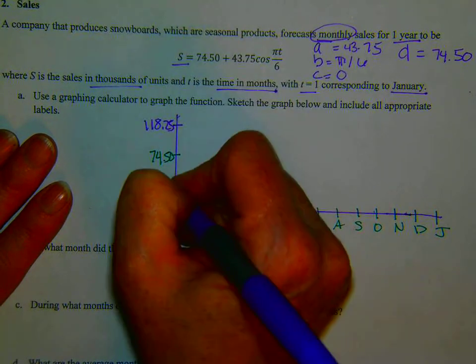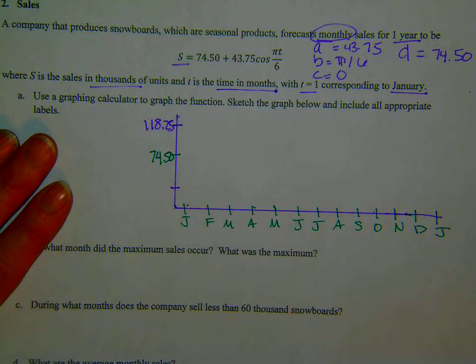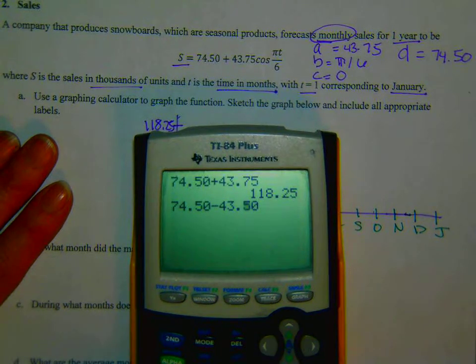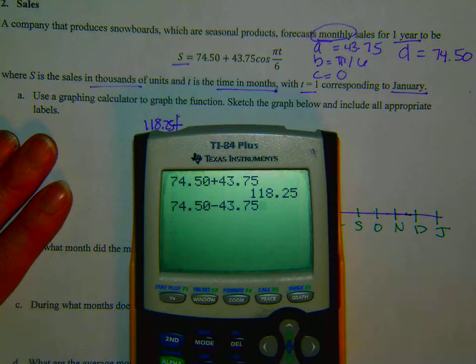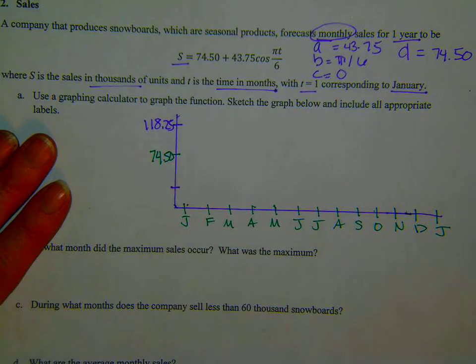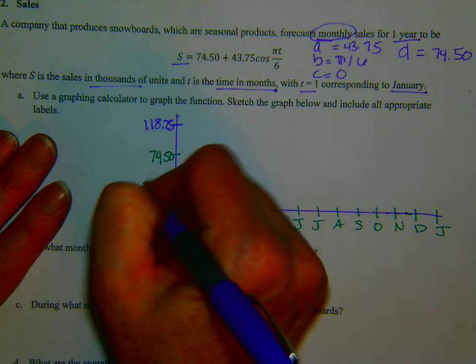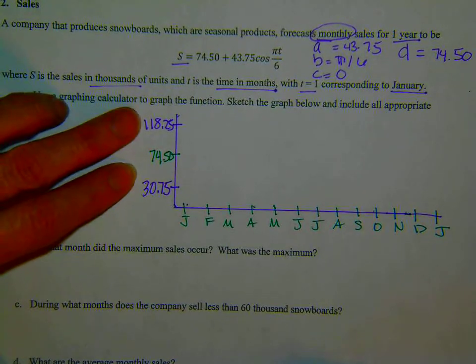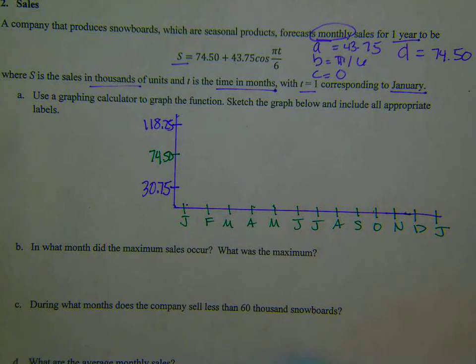And our minimum will be 74.50 minus 43.75, and that gives us a minimum of 30.75. Okay, so we have our D, we've added and subtracted our A to get our max and our min.